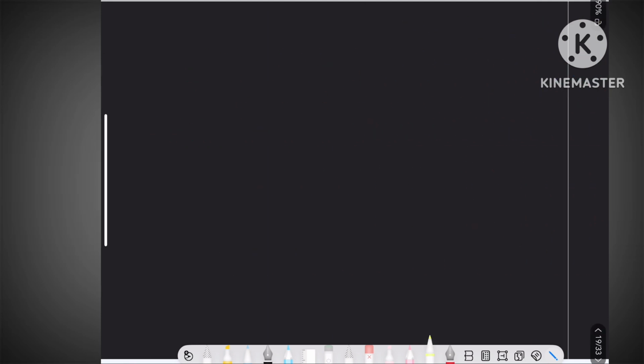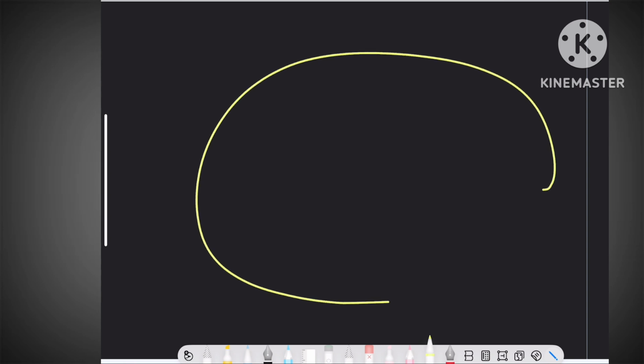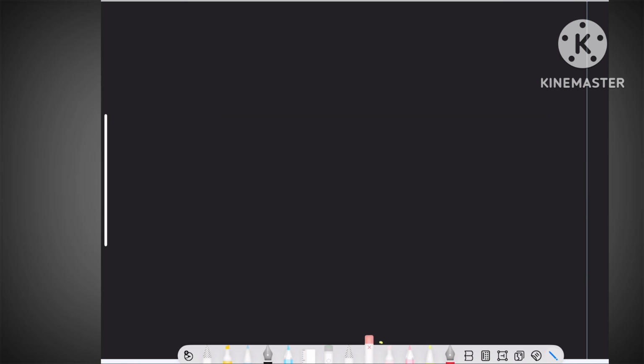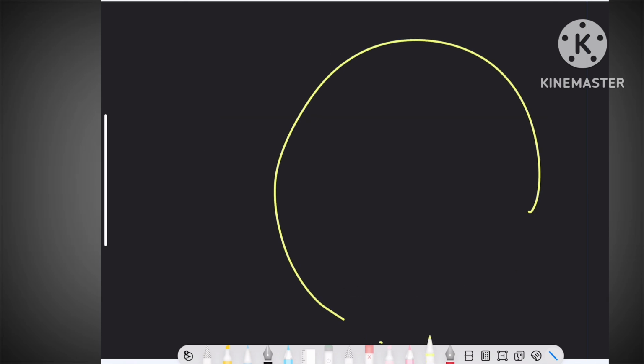So, as you know that in maps, let us see the map of Earth. Earth is like an oval shape, somewhat circular, spherical, like this. We can make it in a map.